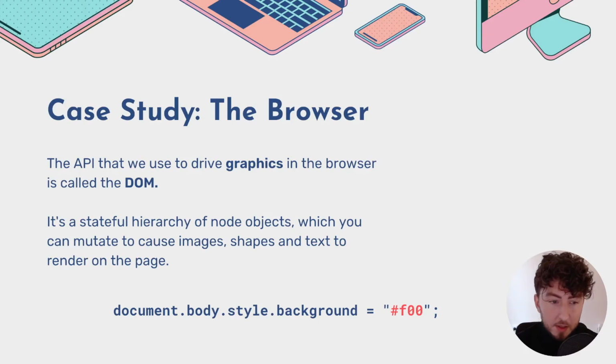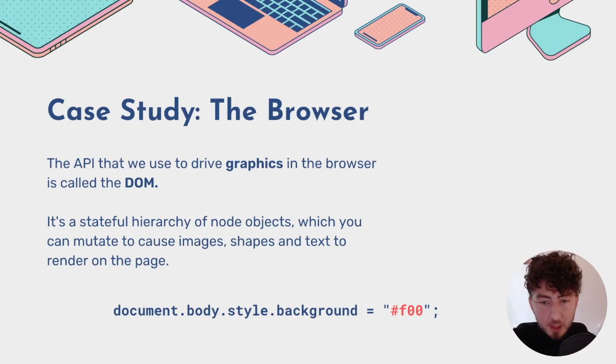So inside the browser, there's an API that we use to drive the graphics, display things on the screen. That's called the DOM, or the Document Object Model, rather. It's a stateful hierarchy of node objects, so it's a big tree. You've probably seen it represented as HTML.